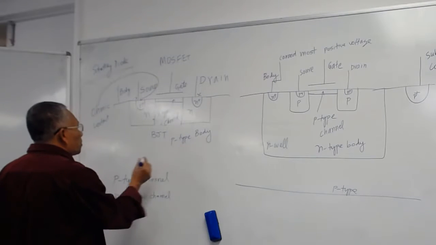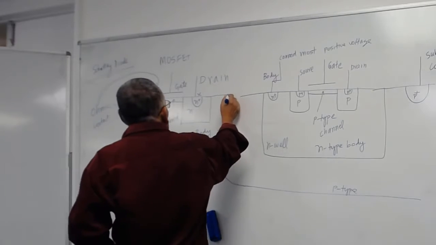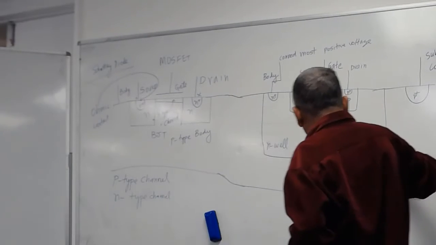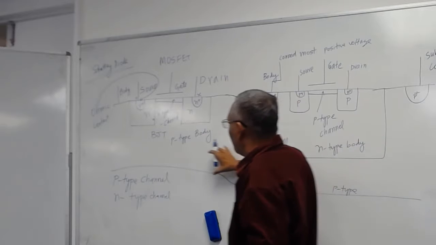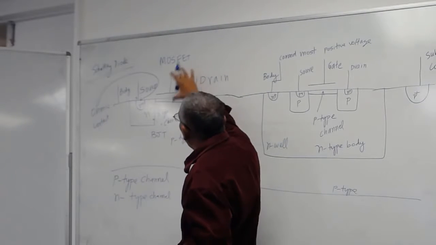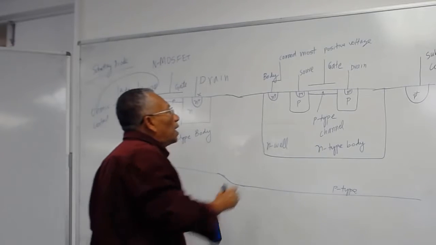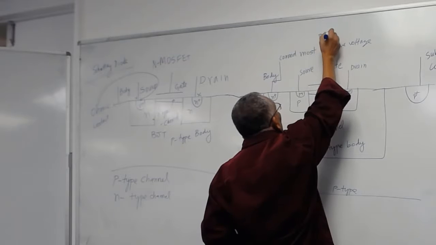So this is your substrate. All of this is substrate, one continuous substrate. On this you have your N MOSFET here, and here you have your P MOSFET.